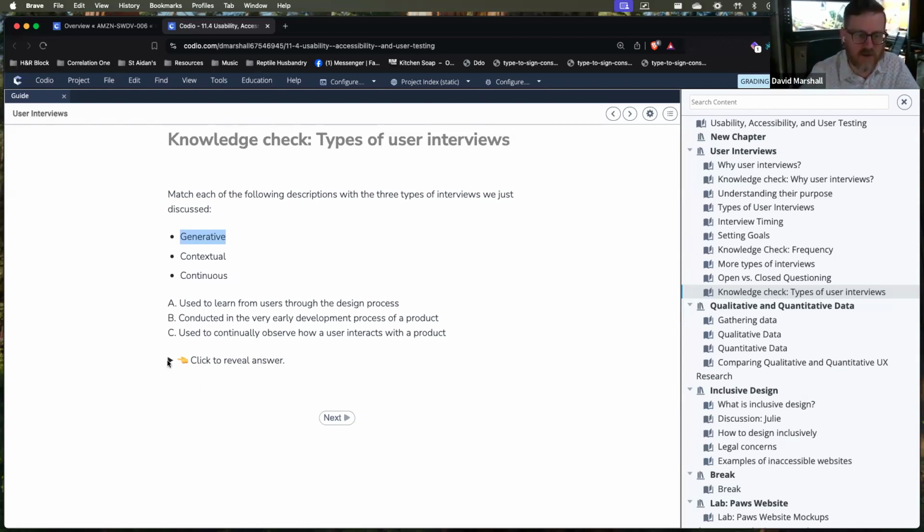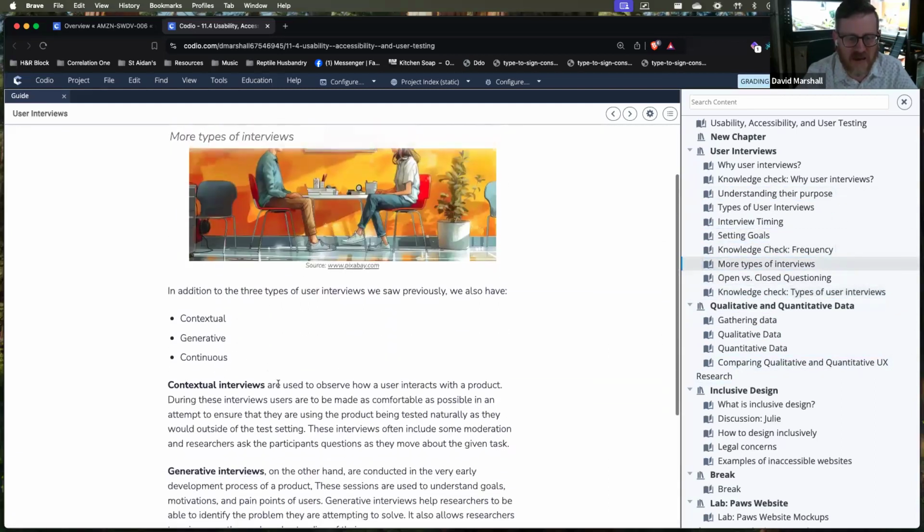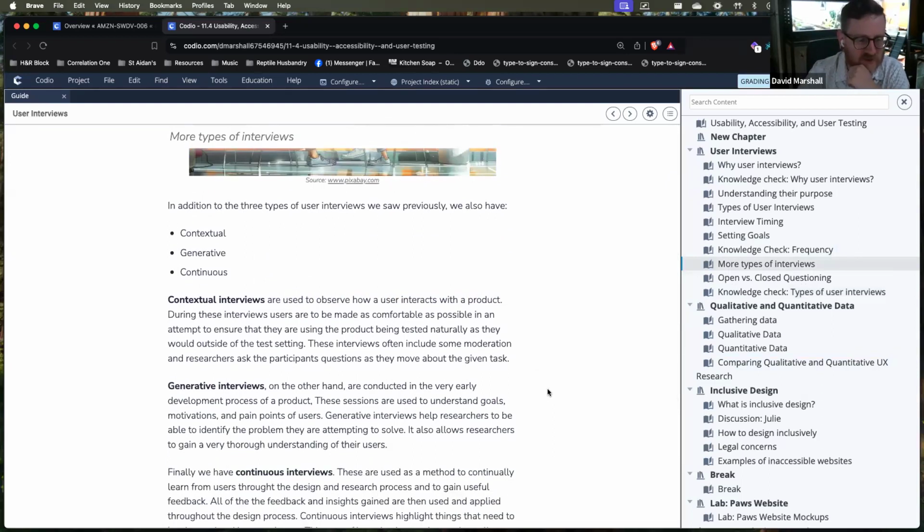So the contextual is actually going to be, yes, I mean, that's actually incorrect. So contextual is going to be used to observe how they interact with the product. I have a tendency to not check through that because I'm going through and having my own notes. But if we go back here and look, contextual, it's how it's observed throughout the product, right? So I'll make sure, or if Time, if you wouldn't mind flagging that, we can get that changed.